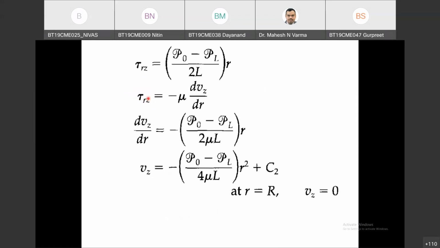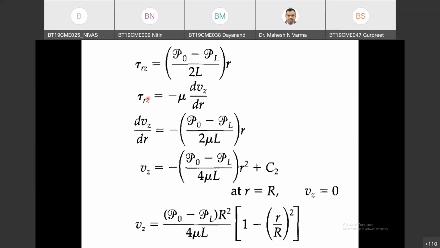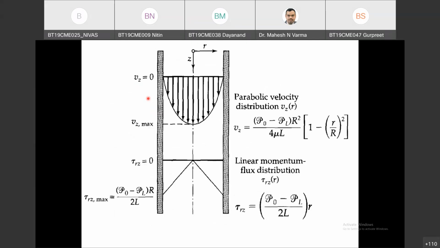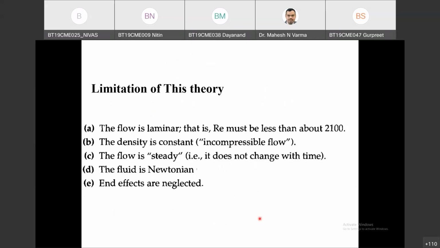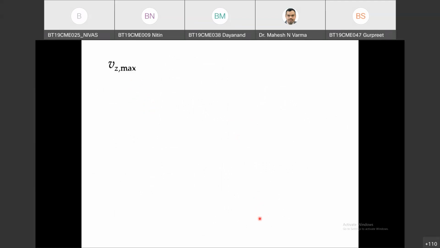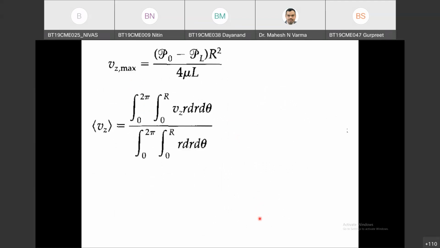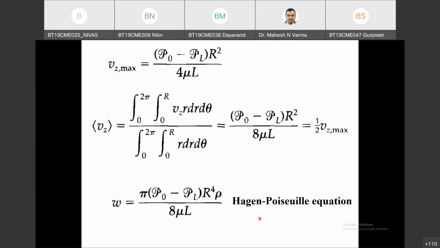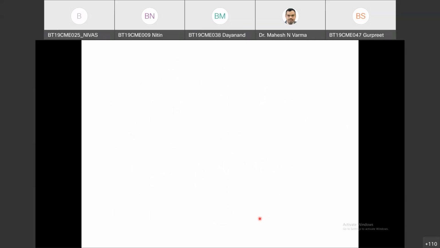So I can get V at r equals R, velocity equal to 0, and this is my velocity profile equation. Once I have this velocity profile equation and flux profile equation, I can get maximum velocity, average velocity, mass flow rate, and the drag force.